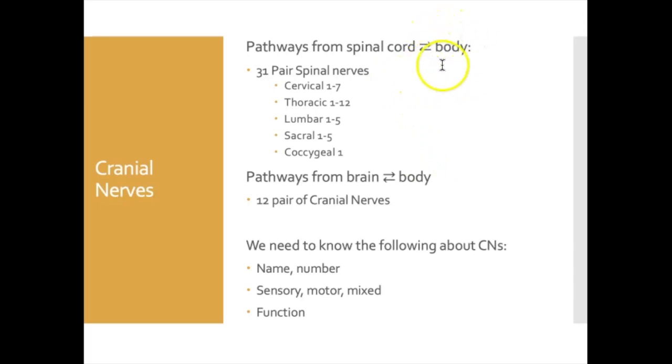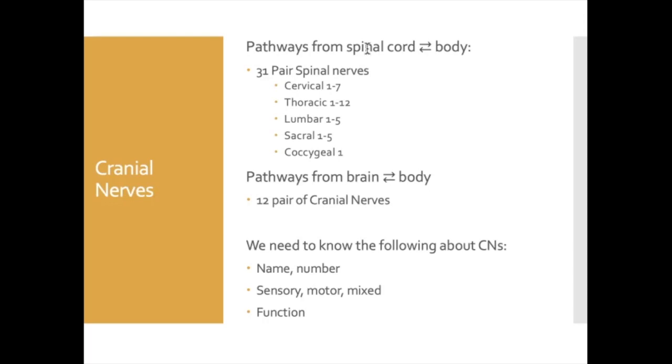Information can travel from the peripheral nervous system into the spinal cord. That would be sensory information. It's going to travel into the spinal cord through the sensory branch of a spinal nerve. And we call that sensory branch a dorsal root.